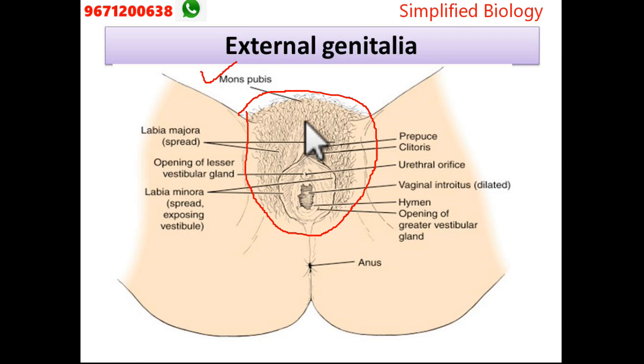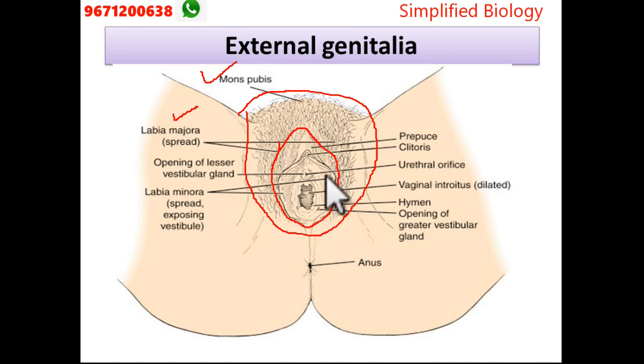It is muscular, and the pubic hairs will be present. After that, the major part is named the labia majora, on both sides of the vagina. Clear beta? On both sides of the vagina.